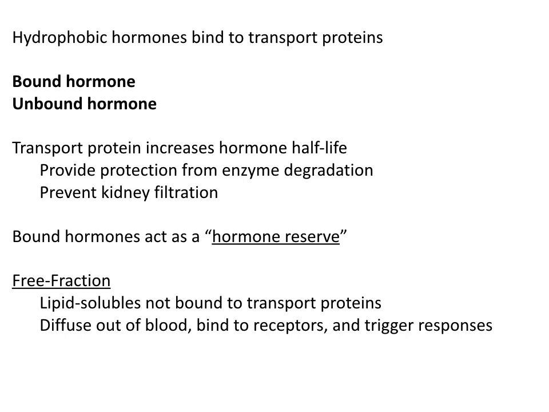The free fraction consists of all of the unbound hydrophobic hormones. Normally, the free fraction ranges between 0.1 to 10% of the lipid-soluble hormones. Exactly what percentage a specific hormone is going to vary, but the general range is only 0.1 to 10%.